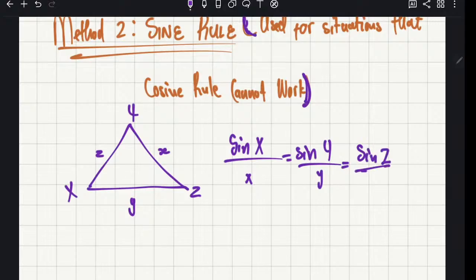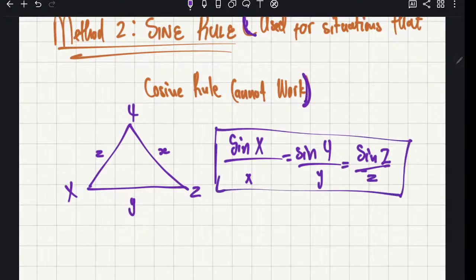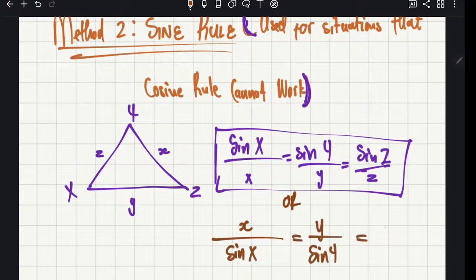Then I'll explain to you why this is important. Or you can say x over sine x is equal to y over sine y, which is equal to z over sine z.